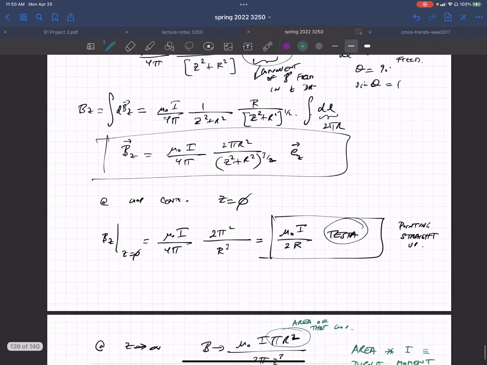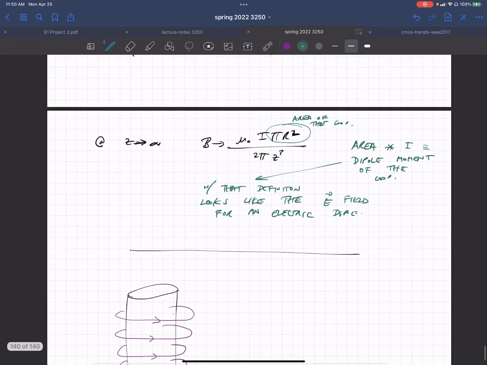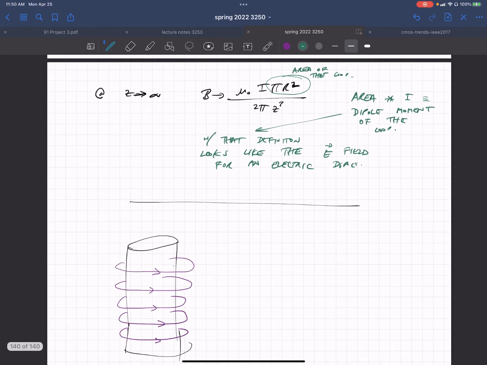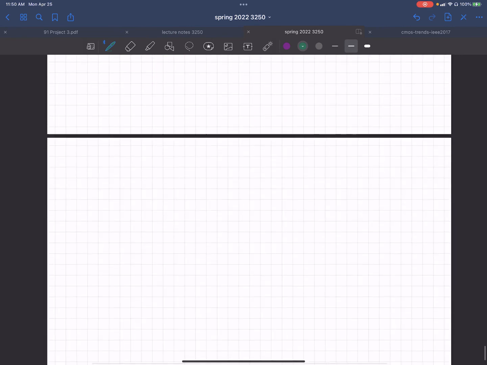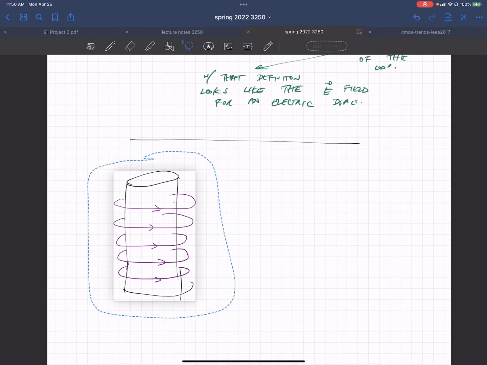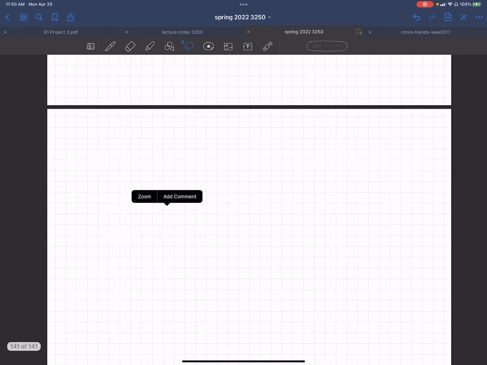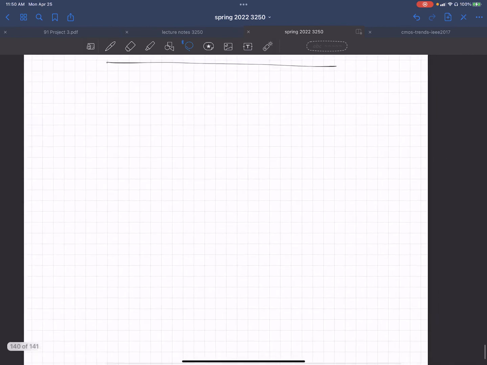Oh, one more thing I wanted to say, sorry, about this magnetic dipole. Before we get into this, let me move this over to draw something else here. Oops, okay, I guess I'll have to draw it again.